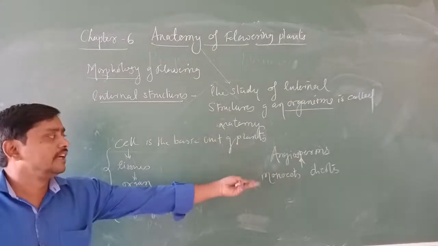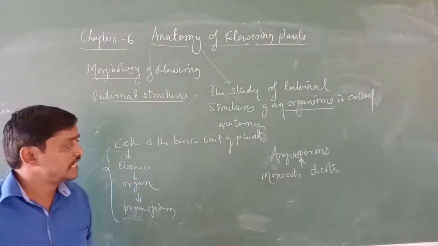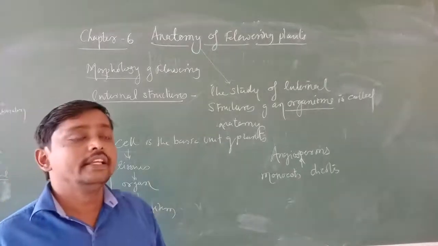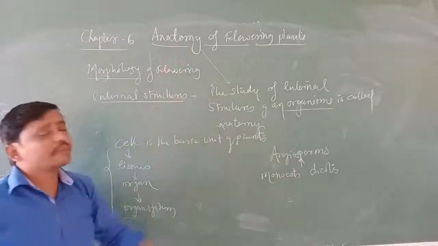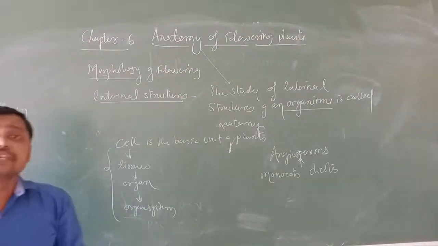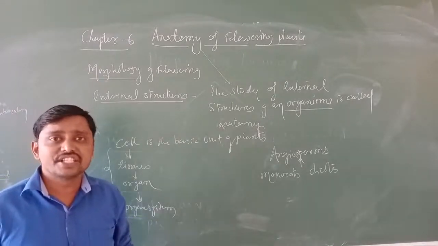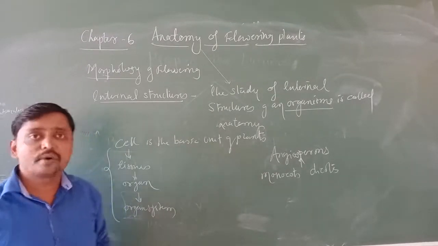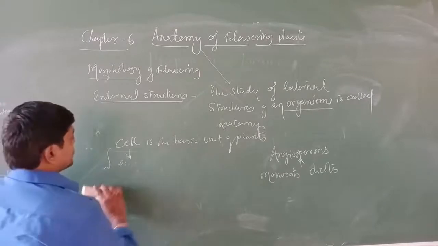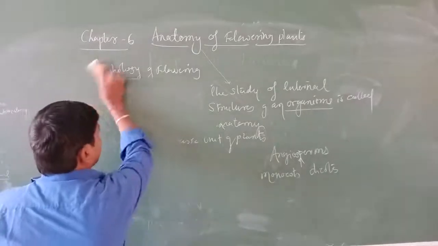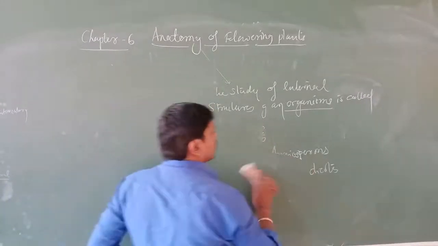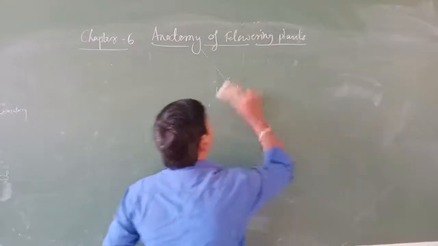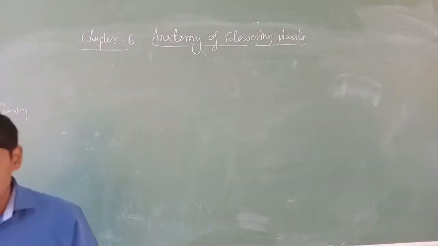Based upon the internal structures, we differentiate monocots and dicots. And the internal structures or anatomy differ on the basis of the environmental conditions, and the plants have to adapt to the different environmental conditions. So this is the importance of the anatomical structures, so that we have to study the anatomy, in the sense the internal structure of a plant.